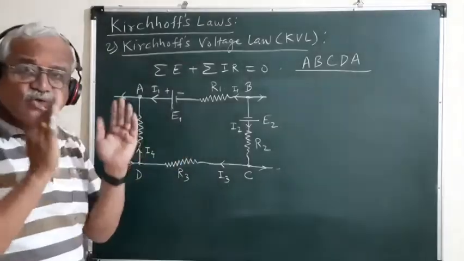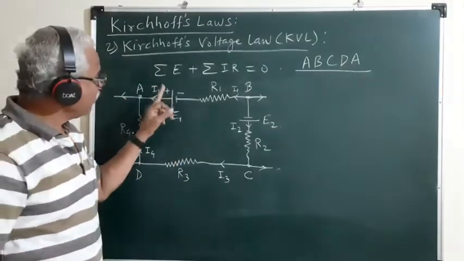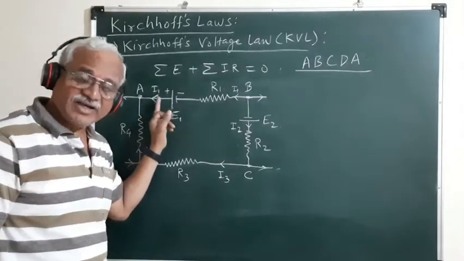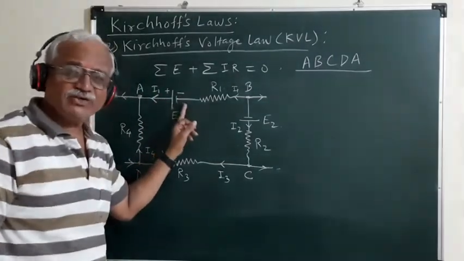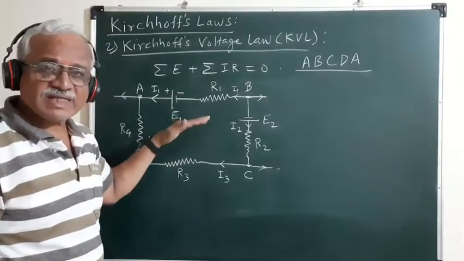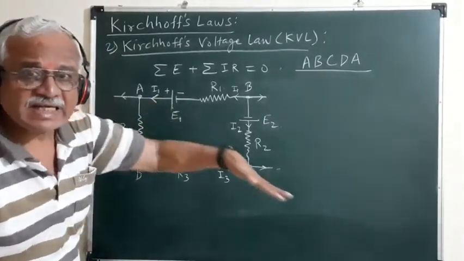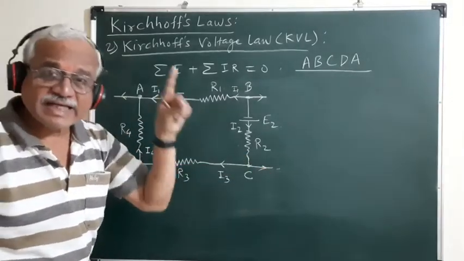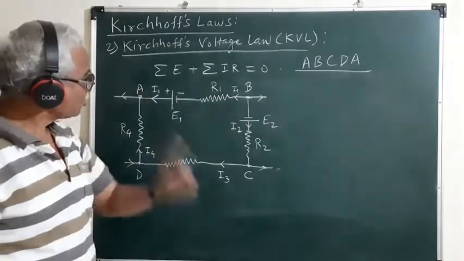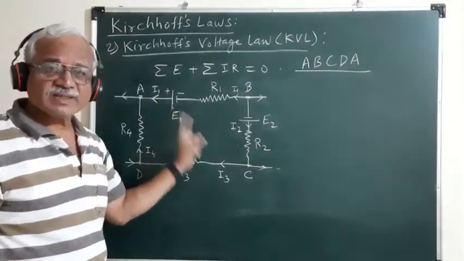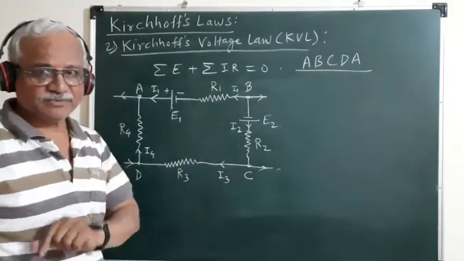As we know well, the potential of the positive terminal is higher and that at the negative terminal of the battery is lower, so we are traversing in the decreasing direction of the potential. So the EMF of the source E1 must be considered as negative.